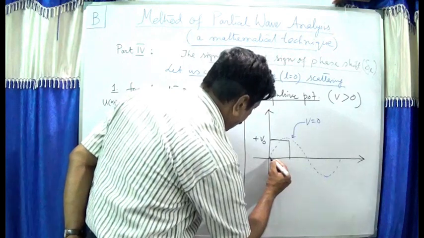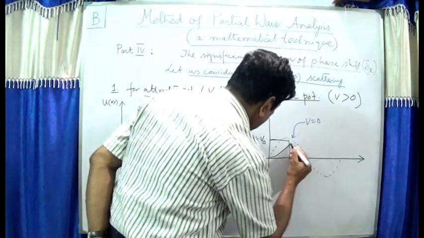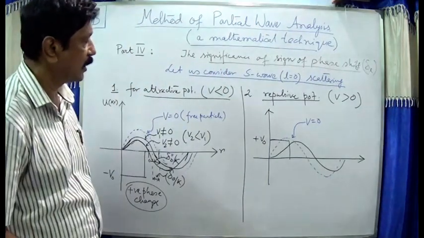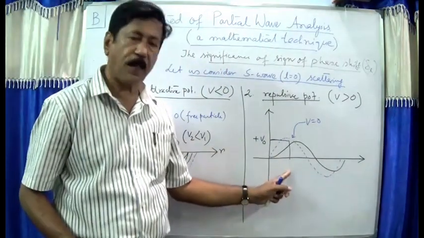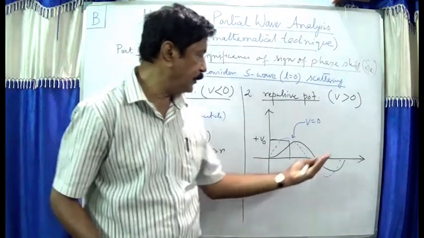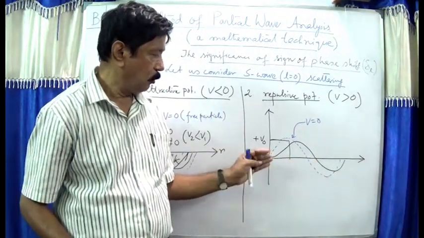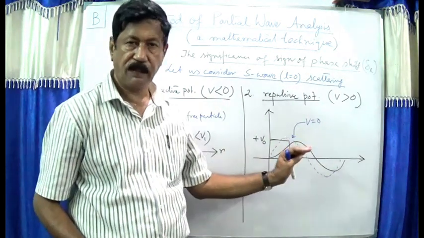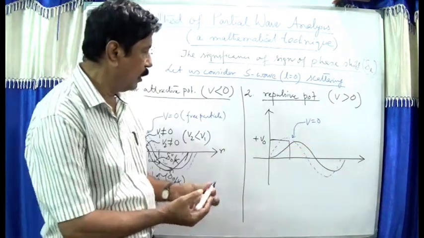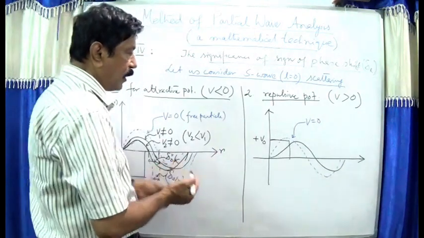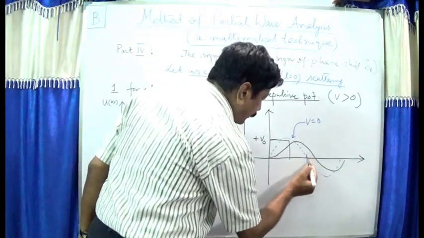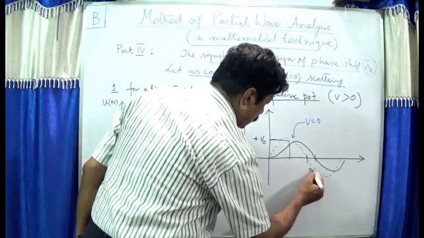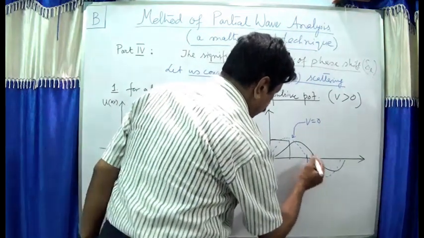So what I would like to say is that if there is a repulsive type of potential, the incident wave will feel a repulsive force, or the wave will suffer a change of phase which is negative.